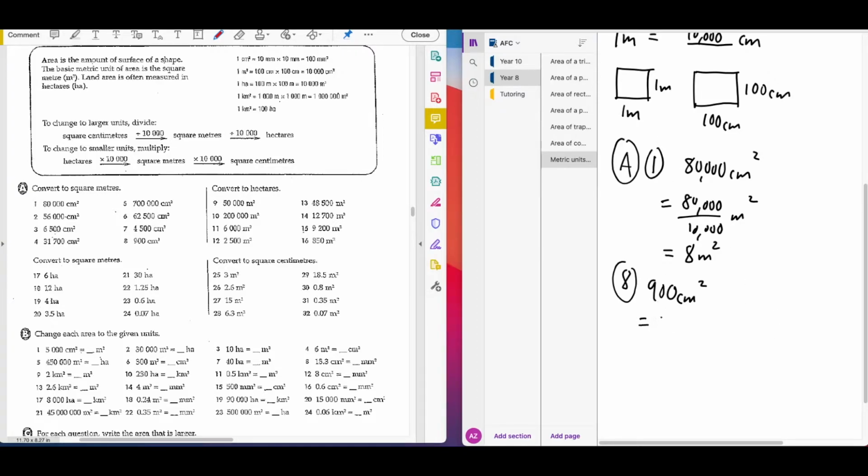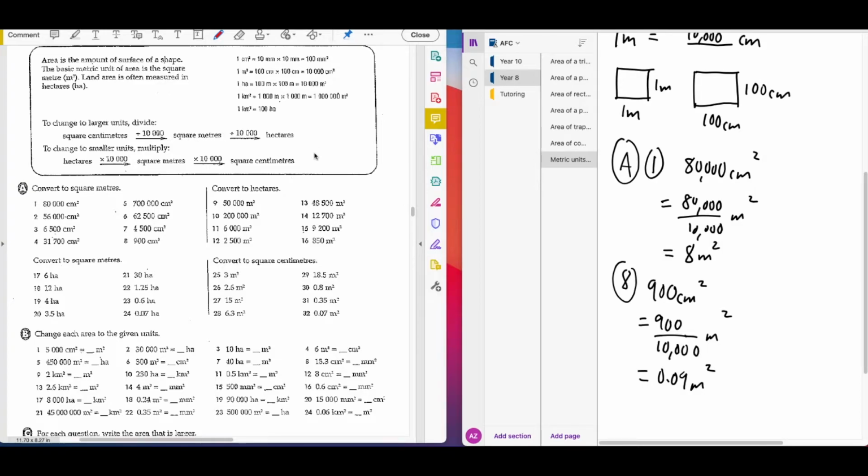So that's equal to 900 divided by 10,000 square meters. So what does this equal to? Well, this should equal to, let's see, 0.09 square meters.